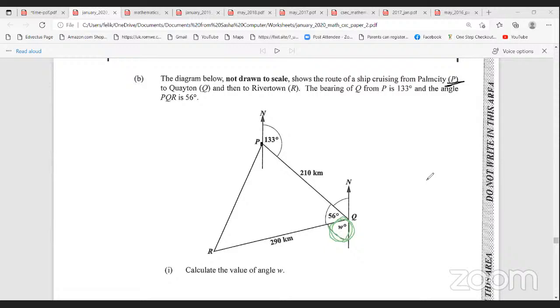Three. Good. Now, we know one to be 56, and we're asked to find W. What I'm going to tell you to do is to find this one first, figure out what it is, and then it will help you to find W.